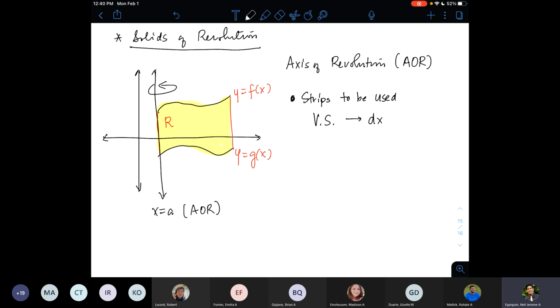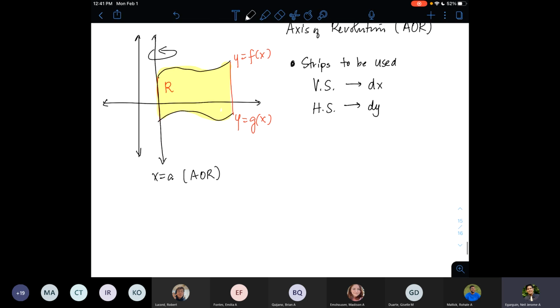Your integrand will be expressed in terms of the variable x. If you use horizontal strips, then you will use dy. So you integrate with respect to y, the bounds would be for y, the integrands will be functions of y, right? And nothing new about this. This is the same thing that we agreed on when we discussed areas, all right?